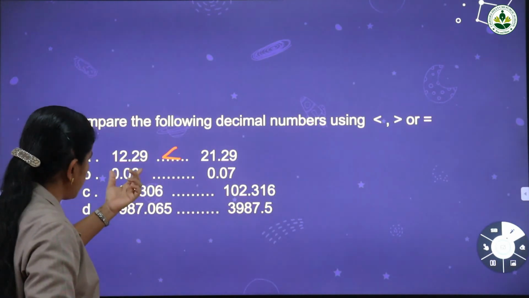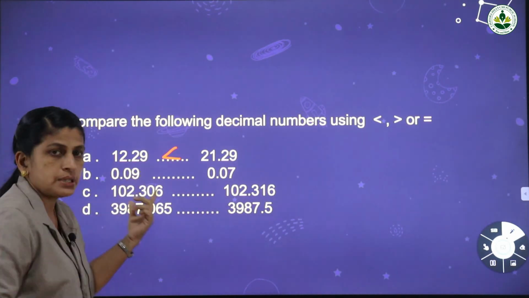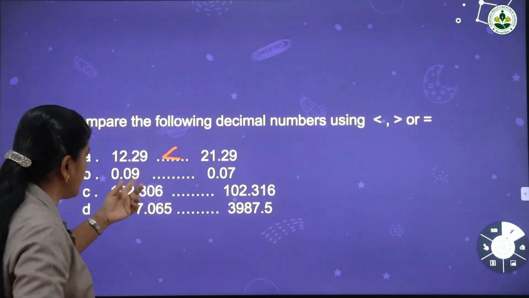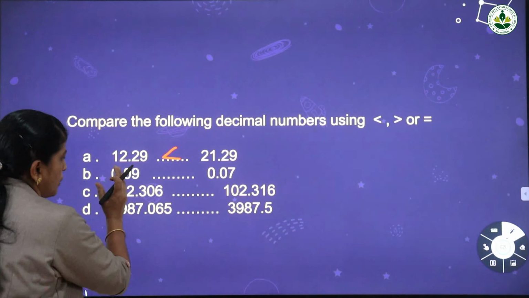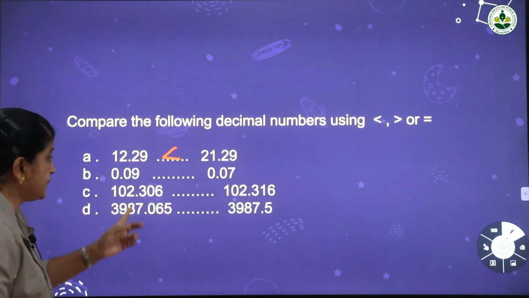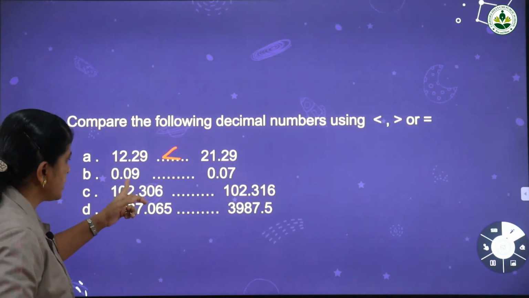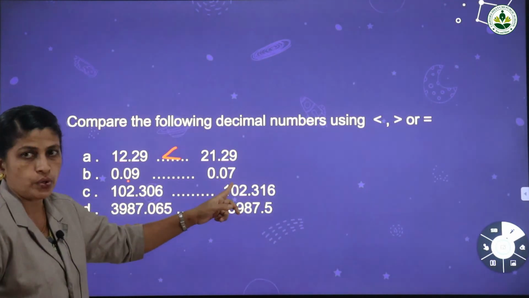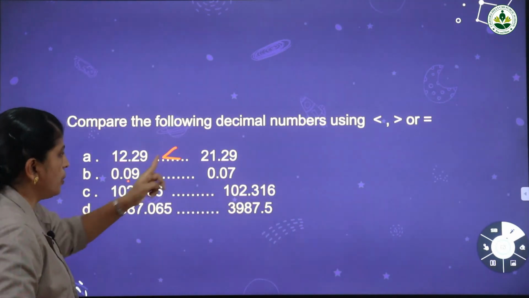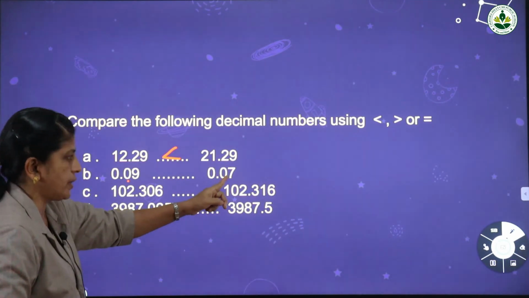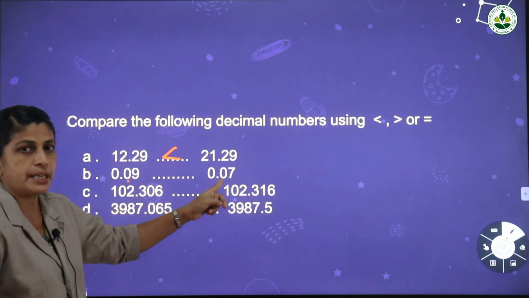Then the second set, 0.09 and 0.07. This set of numbers does not have any whole number part. Then look at the places. First look at the 10th place digit. The 10th place digit is 0 in both numbers. In 0.09 the 10th place digit is 0. In 0.07 also the 10th place digit is 0.